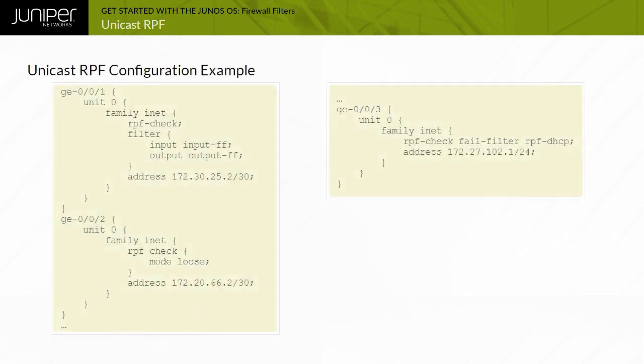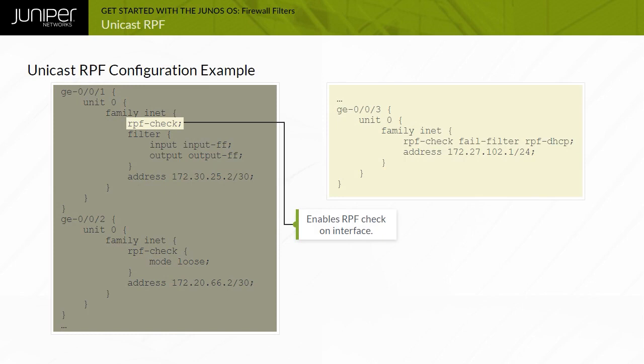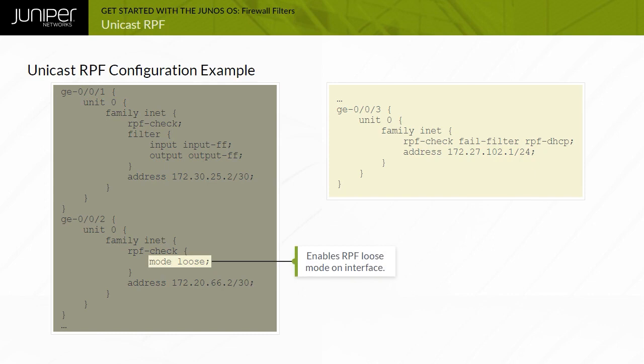In the example, RPF is enabled in strict mode on GE0/0/1, and a Junos device considers only the active paths to any prefix. If RPF is enabled in loose mode on GE0/0/2, a Junos device considers a valid route to the source address in the routing table.